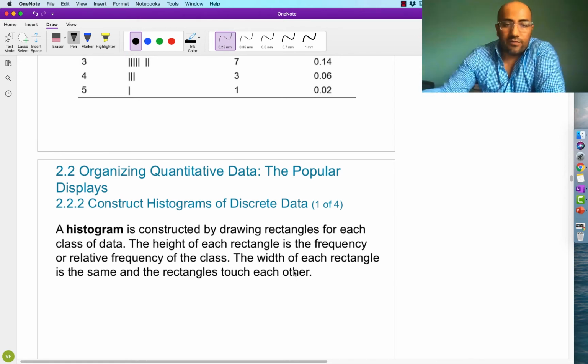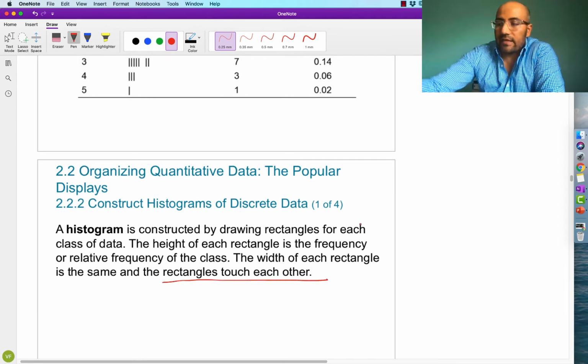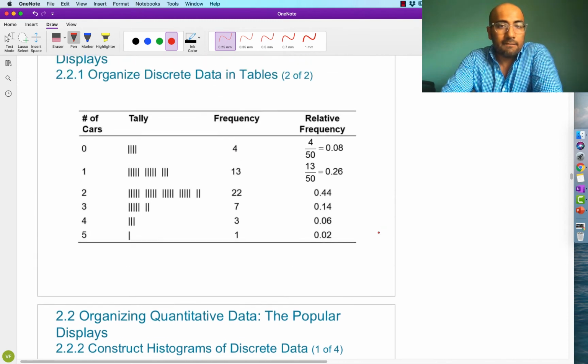So that's the only real difference between this and a bar graph. Very, very similar to a bar graph, except we've decided that we want a histogram. We want the rectangles to touch each other. But it's the same idea that we're going to make a connection between the area of the rectangle and the relative frequency of that category or that class in this case. Good.